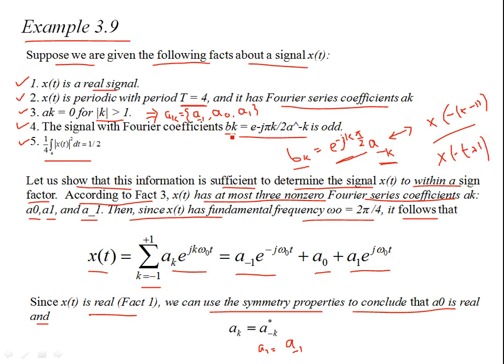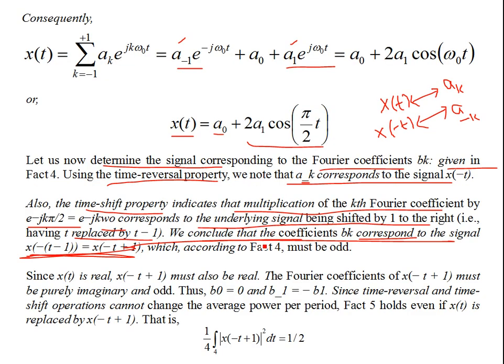So b_k is, if the coefficients are odd, the signal is also odd, which corresponds to fact 4 that it must be odd. So x(-t+1) is odd. Since x(t) is real, x(-t+1) must be odd and real.